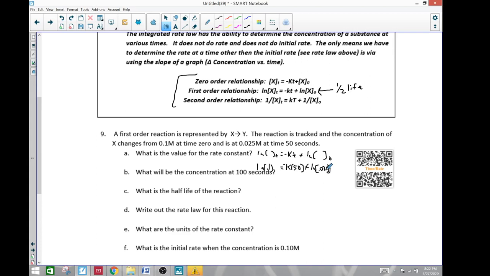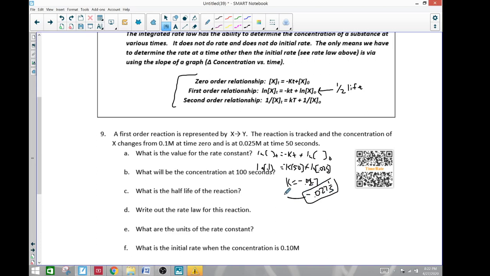So that would be negative 0.027. So in this case, K equals negative 0.027. And that would be 1 over seconds is my units. So that's all first order processes.